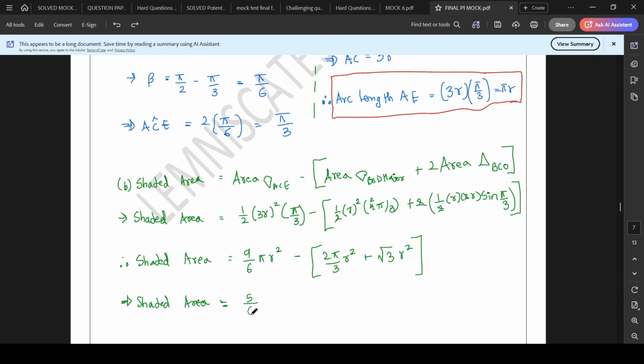So it is 5 by 6 pi r squared for solving this. And then minus into plus is minus, and then root 3 r squared. This will become the answer to the second part of this question.